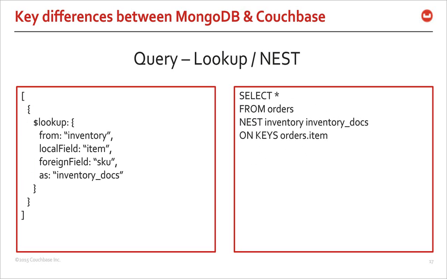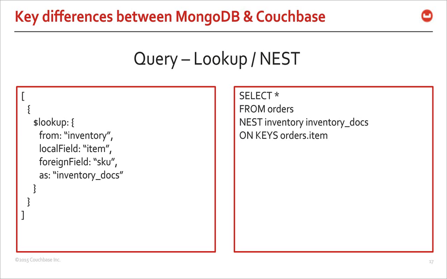As some of you might know, in MongoDB 3.2, they added the lookup function, and that's the equivalent of what we call nesting. So certainly, if you want to get orders, but you want to find the line items, you can embed those line items into the orders document in the event that they're in other documents. They do something a little bit similar on the MongoDB side, where if a document has an ID or something in it, it can go fetch a related document and embed it.